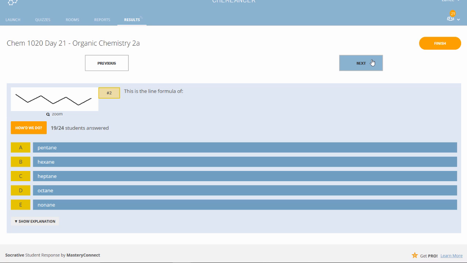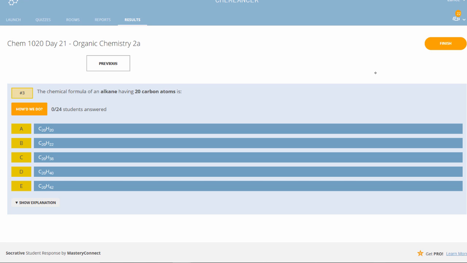All right, we'll count down here. 5, 4, 3, 2, 1. And how do we know that this is heptane? What do we count? The points. And which atom is at each point? Carbon. And if we look at the carbon that's right here, how many hydrogens is this carbon atom attached to? 2. How many hydrogens is the carbon at this point attached to? 3. Good. Any questions on that?